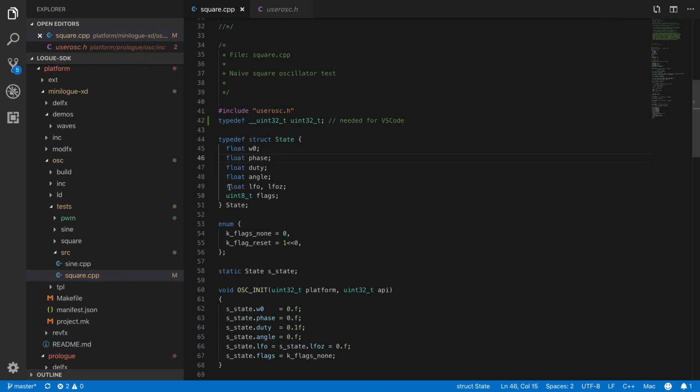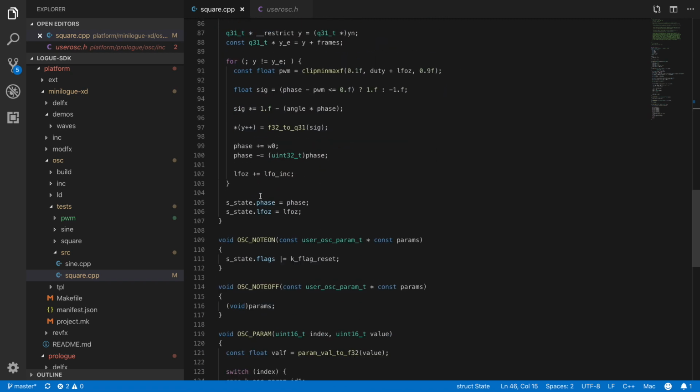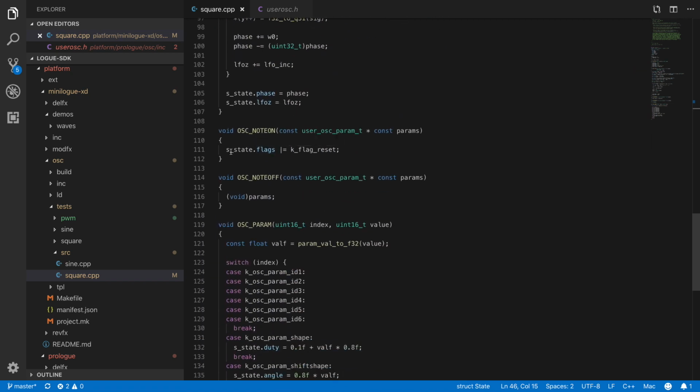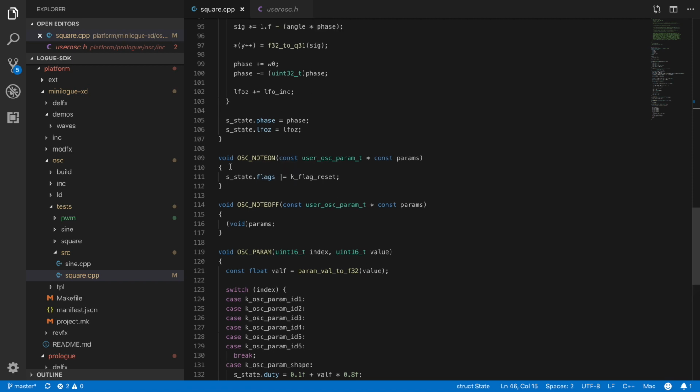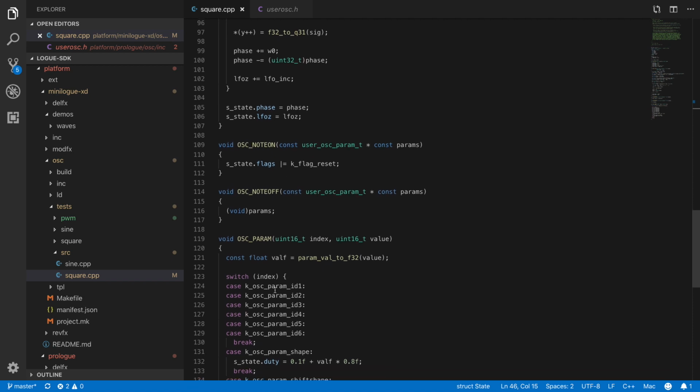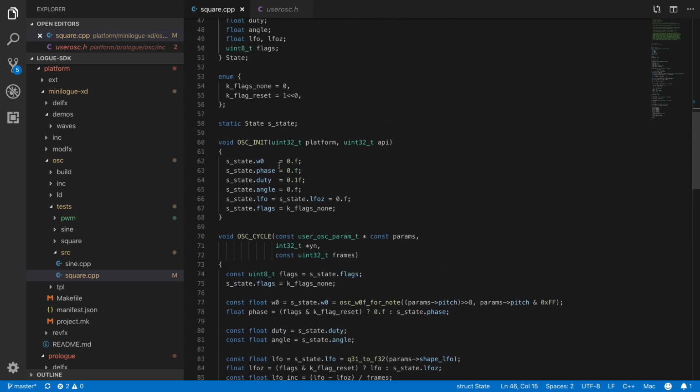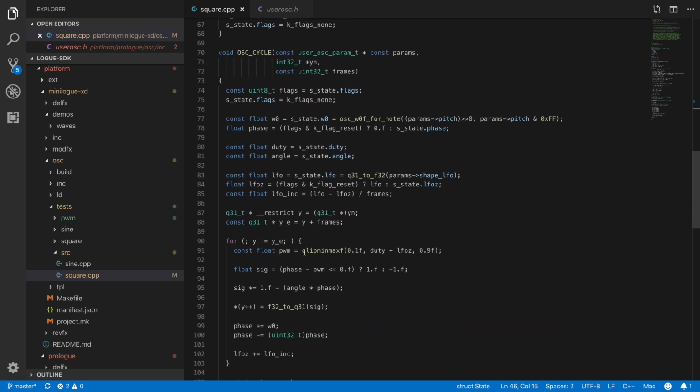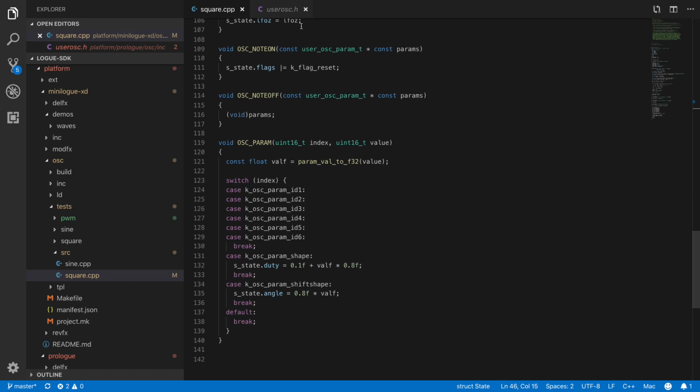And then we have the two LFO state variables and also some flags. The flags are there to remember what happened when the oscillator gets in different states. So for example, when note on is played, we do get a reset, and we store this in our flags, because the note on, off, and parameter callbacks are independent of the cycle callback, and they could be potentially called in parallel.